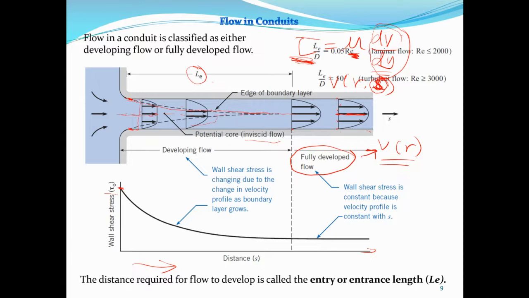For laminar flow, it is LE over D equals 0.05 Re. And for turbulent flow, LE over D equals 50. So this is the formula for finding the entrance length for laminar and turbulent flow.